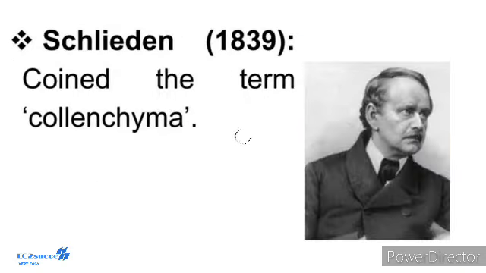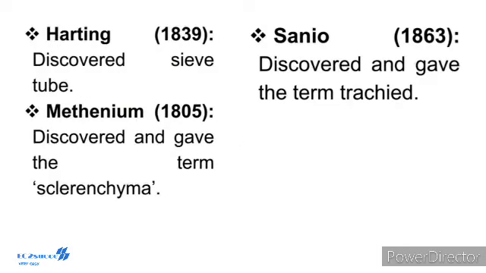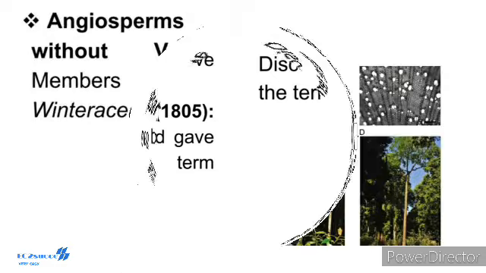Next one, Schleiden, 1839, coined the term collenchyma. Next one, Hartig, 1837, discovered sieve tube. Mettenius, 1805, discovered and gave the term sclerenchyma. Next one, Sanio, 1863, discovered and gave the term tracheid.